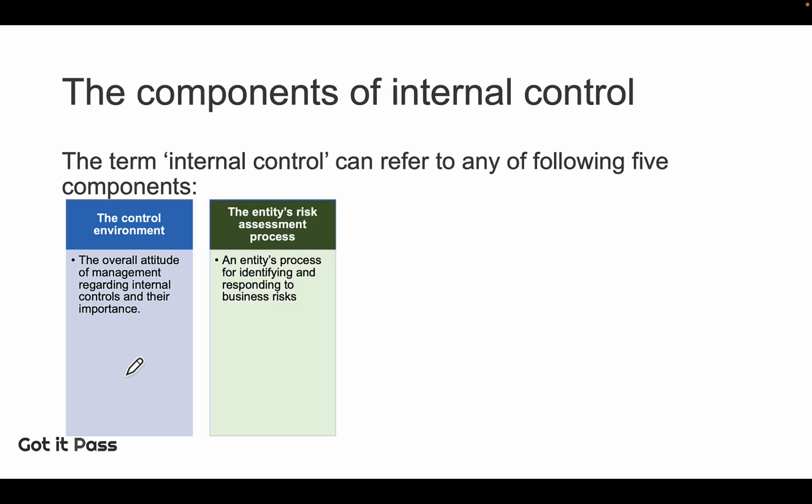And next, the entity's risk assessment process. This is the entity's process for identifying and responding to business risk. So here is whether we have the proper process to do it. And business risk can be divided into internal versus external.